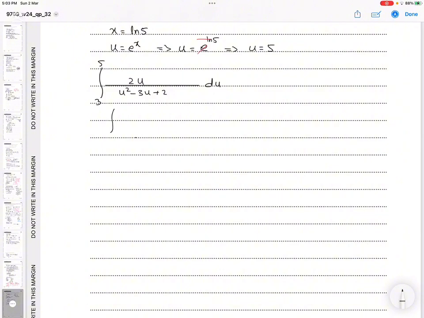Now let's make factors of this. 3 to 5, 2u over the factors of u square minus 3u plus 2, which would be u minus 2 times u minus 1, du.